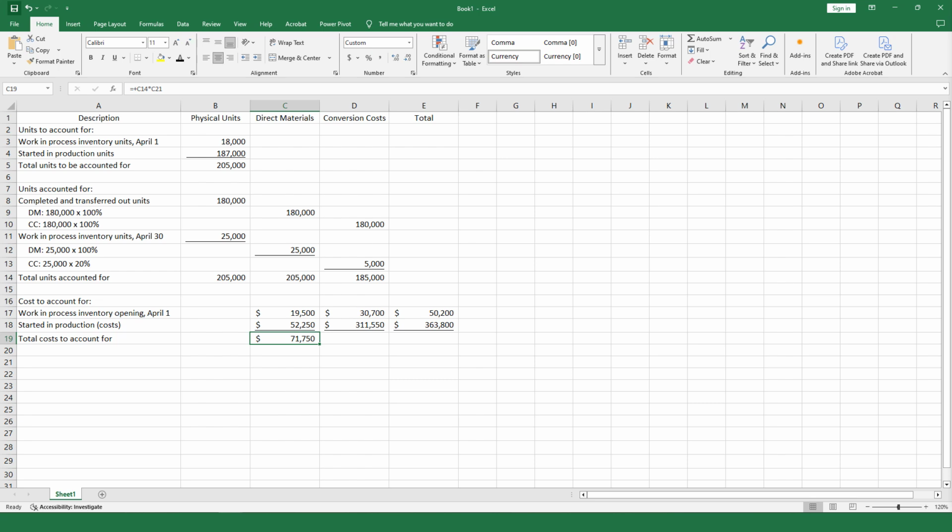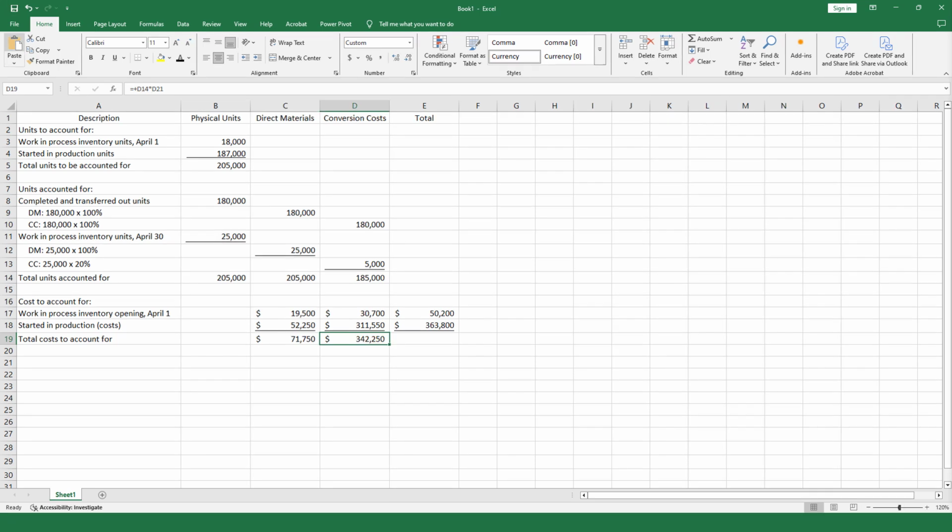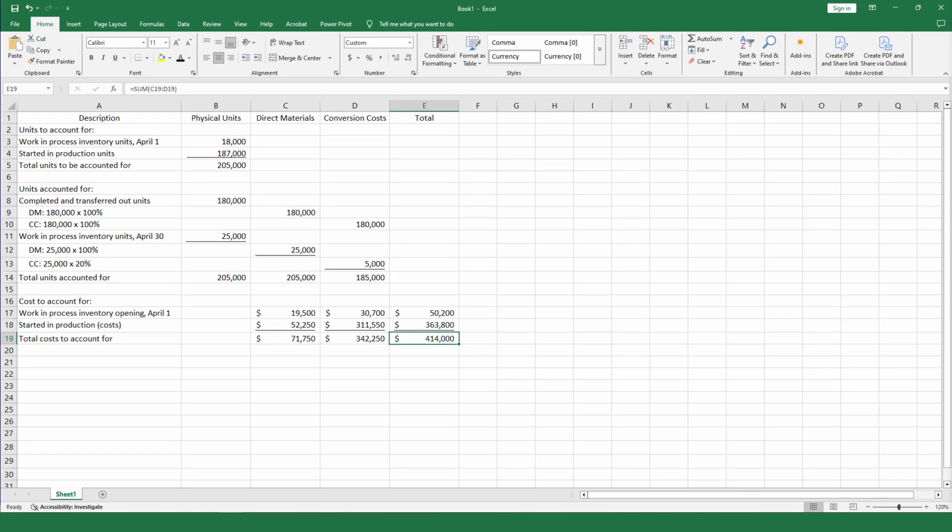That is the total direct material cost for April's production. For column D, conversion costs, $30,700 plus $311,550 is equal to $342,250, which is the total conversion cost for April's production. Total costs for the month are $50,200 plus $363,800 for a total of $414,000 of costs for the month of April.